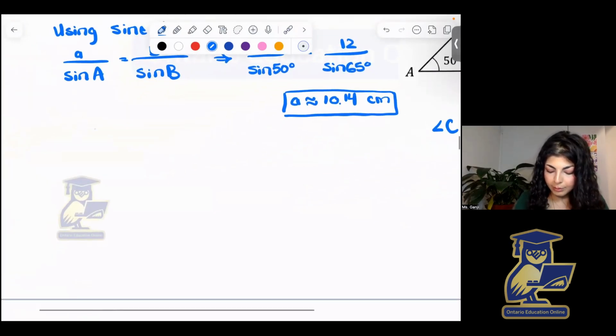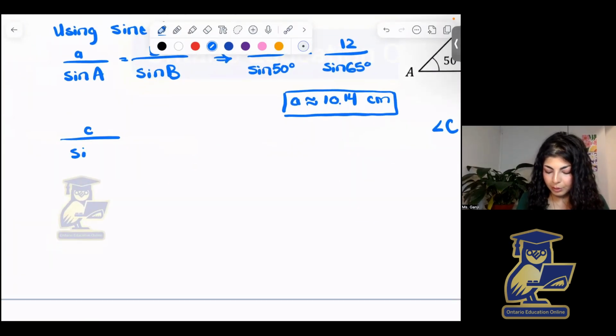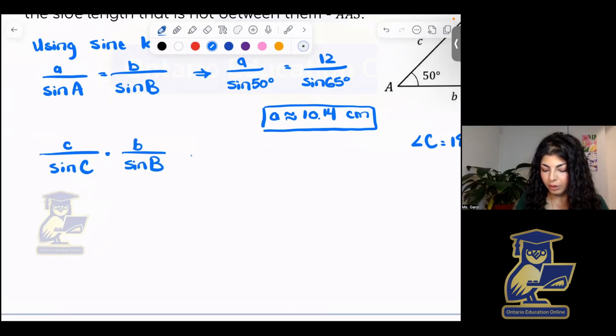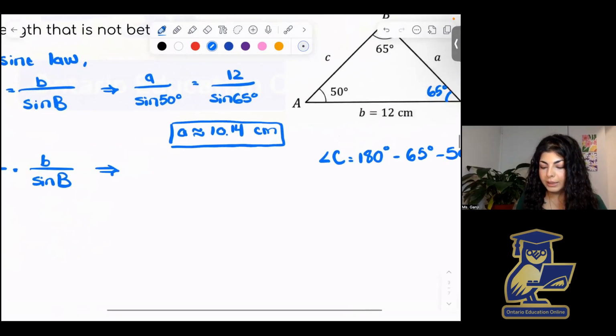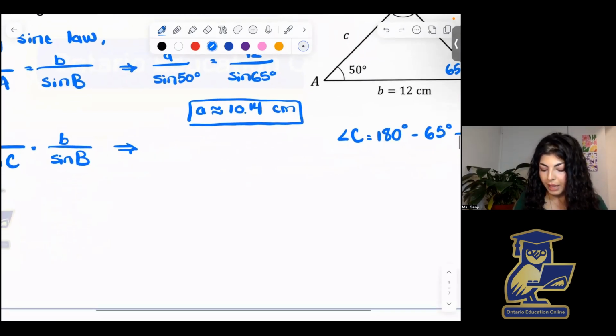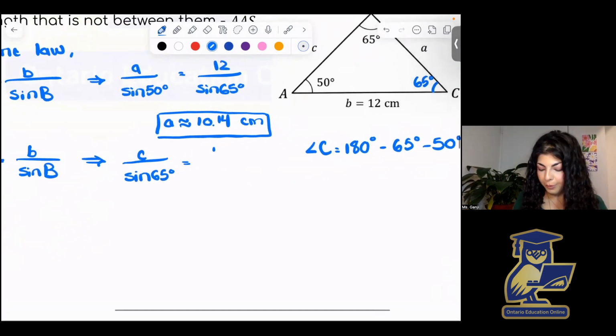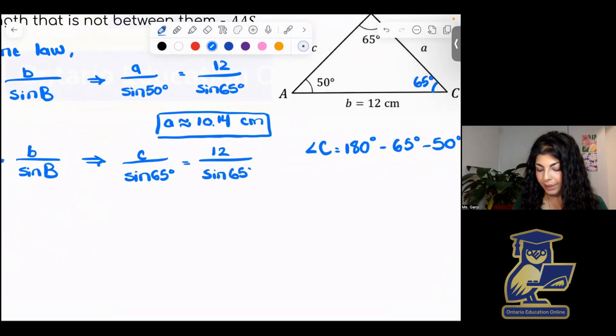Now, when it comes to C, I realized above right away that there was an error there, because as I mentioned, this is an isosceles triangle. So we expect that B and C are equal. And precisely here, if I write C over sine of 65 degrees, which is angle C, and this is equal to B, which is 12 over sine of 65 degrees.